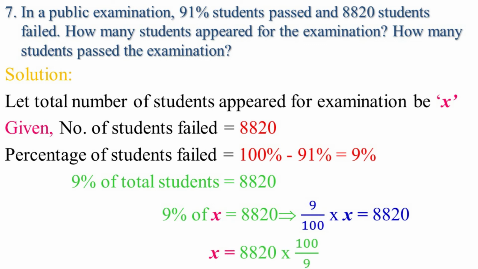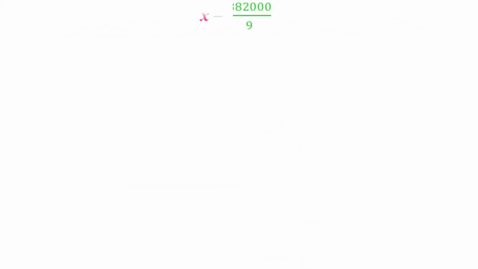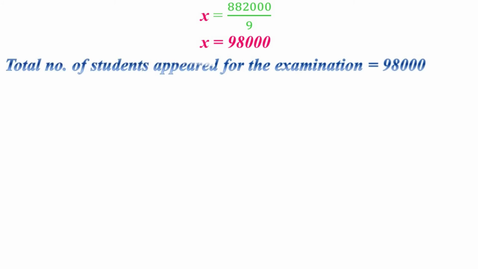Now, x is equal to 8,820 into 100 by 9. On multiplying numerators, we get x is equal to 8,82,000 divided by 9. On dividing 8,82,000 by 9, we get the value of x as 98,000. So, the total number of students appeared for the examination is equal to 98,000.